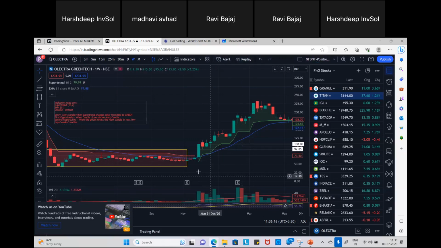Now you can closely note that this candle, when it broke out of this consolidation, also saw a very high volume compared to average.